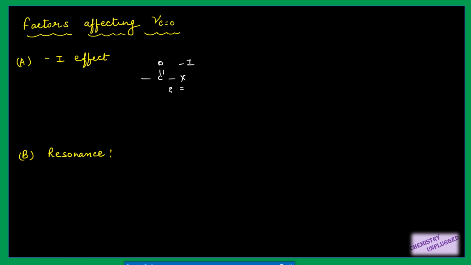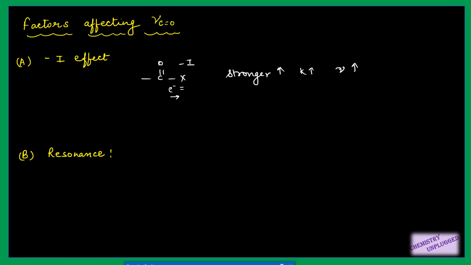Minus I effect means it is pulling electron density towards it, and so it is making this C=O bond stronger in nature, right? Because when we have higher electron density around it, this bond would become weaker due to repulsion. So when a group withdraws electron density, it makes the C=O bond stronger, and when the bond becomes stronger, its K value increases, and at the same time the vibrational frequency will also increase.